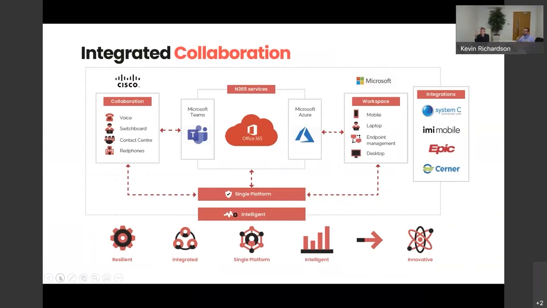Ultimately, if we step across the resilience, the integrated workplace, that single platform, and the intelligence and integrations, we believe that if you do this right and set out the services in the right way, it provides a platform for innovation.